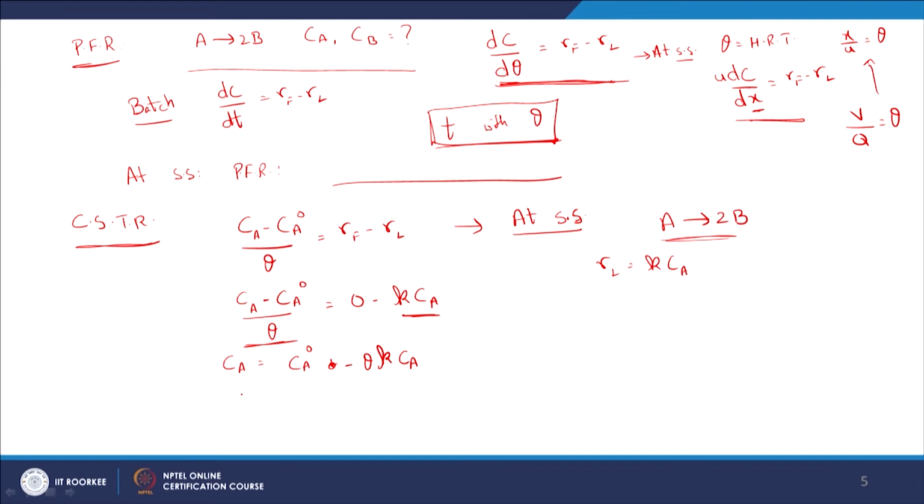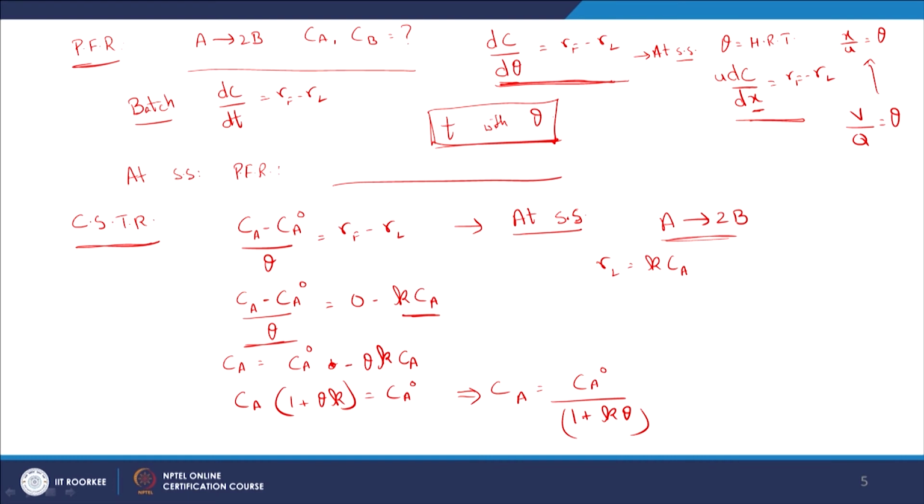If I bring this term over, CA into (1 plus theta K) is equal to CA naught, and then CA is equal to CA naught by (1 plus K theta). So this is with respect to your CSTR.